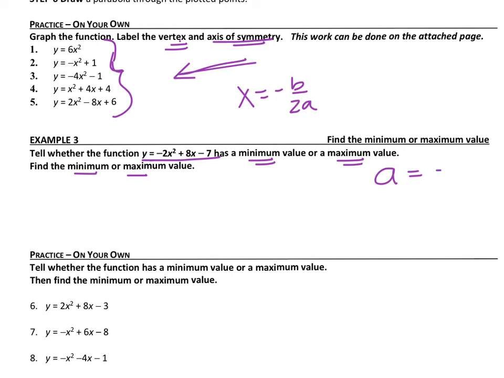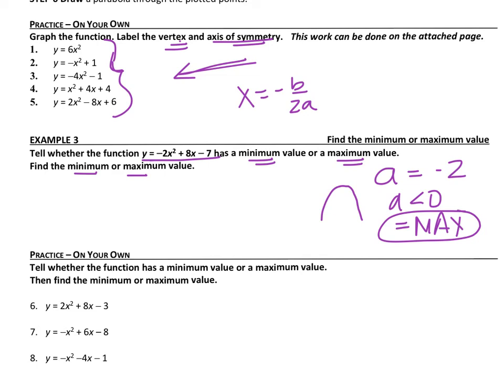A is equal to negative 2, and we know that negative 2 is less than 0, so that means, because a is less than 0, we're going to have a maximum point, and our curve is going to be shaped like this. So we've already answered one of their questions. That is a maximum point that it's going to have, and now we need to find that maximum value.